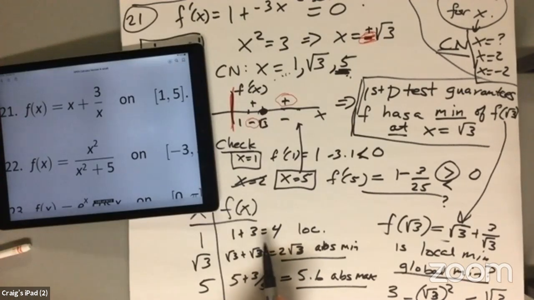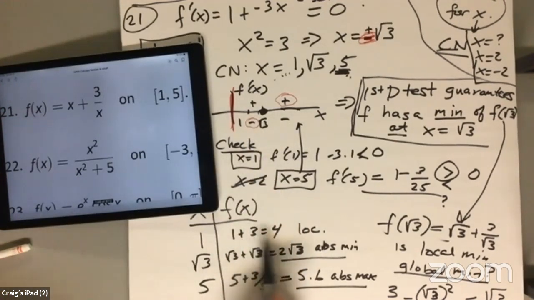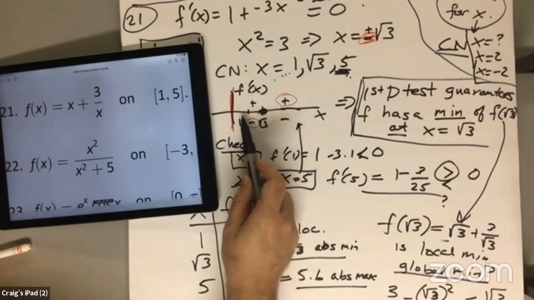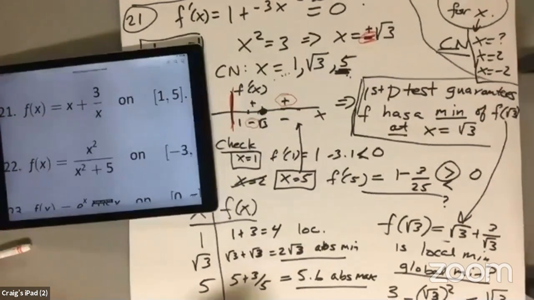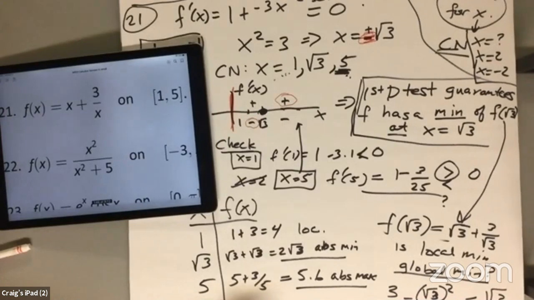No. Okay, that's me just trying to confuse you, as if math wasn't confusing enough. When the derivative is negative, it doesn't necessarily mean it's a min. On the left side, f of 1 is 4. At 4, the derivative is negative, which means it's going down there. So because on the left endpoint the derivative is negative, it means it's a local max.